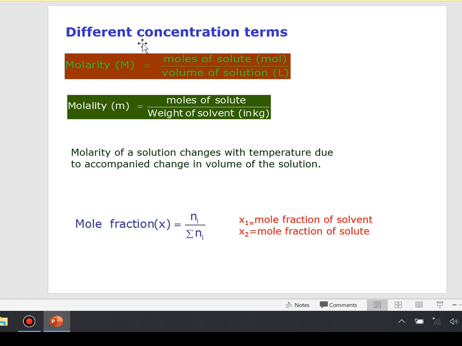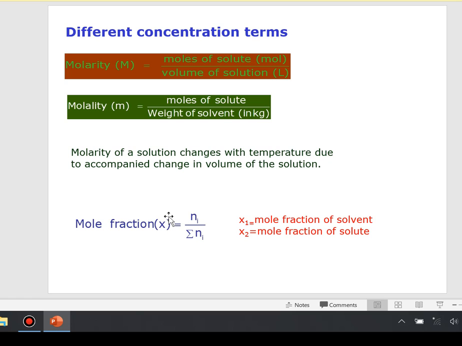Third method of concentration is mole fraction. Mole fraction means number of moles of component 1. Suppose we have taken N1, showing the number of moles of the solvent, and N2 showing the number of moles of the solute.